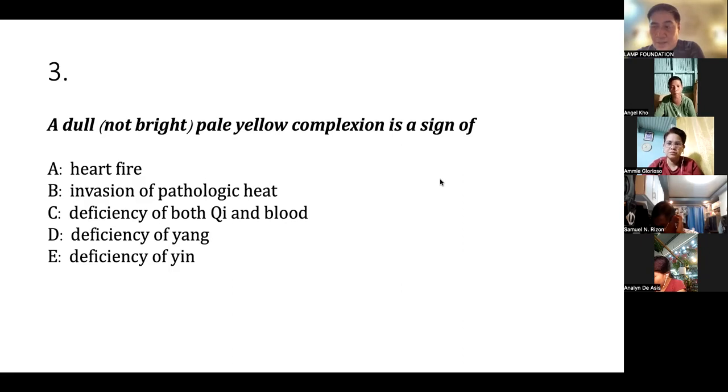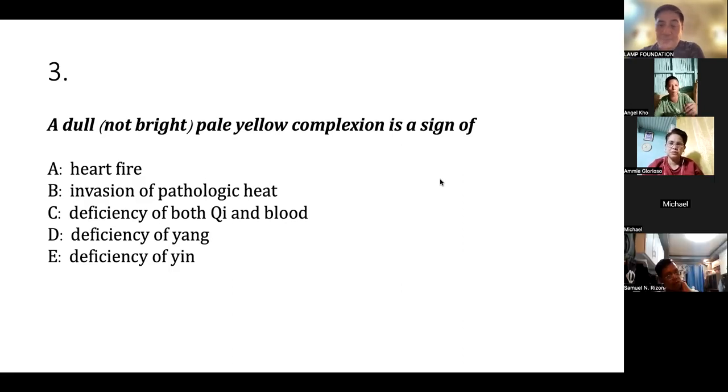Anong itsura ng tongue? No coating po, Doc. No coating. The tongue doesn't necessarily have to look red. It takes several years before it can turn red.